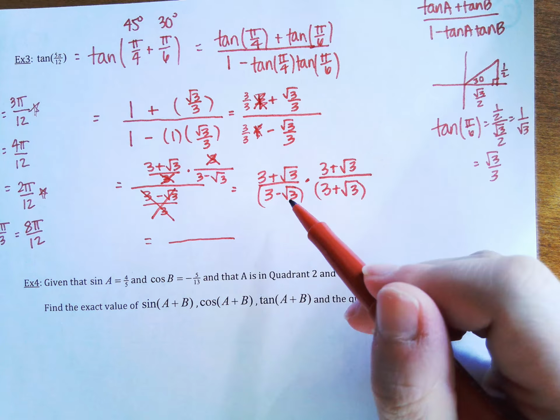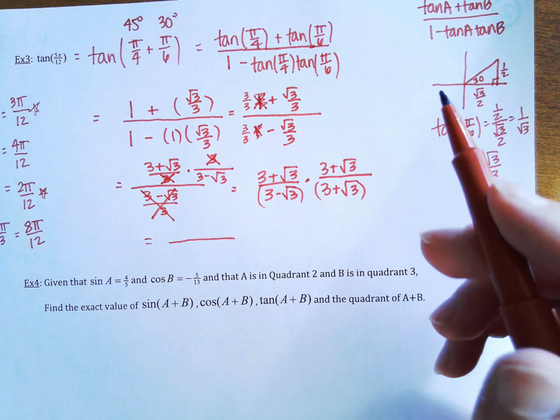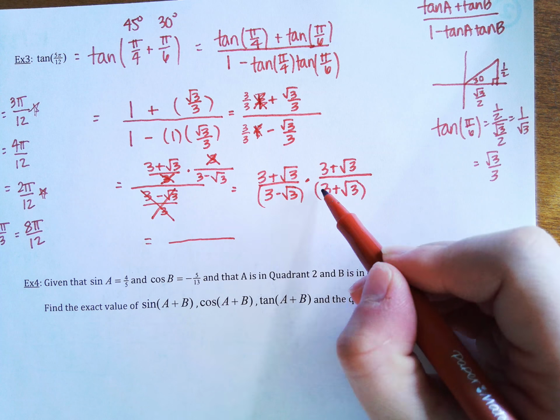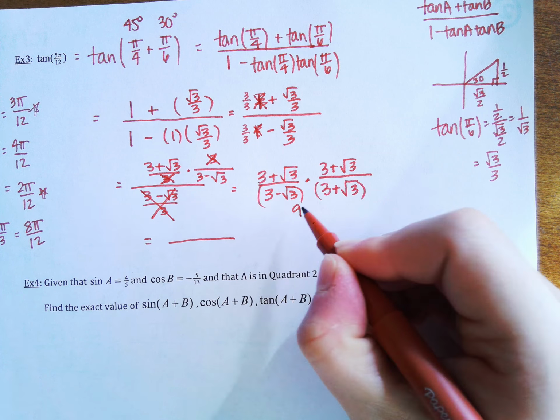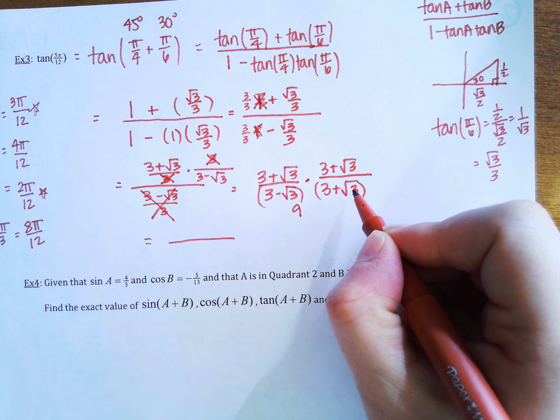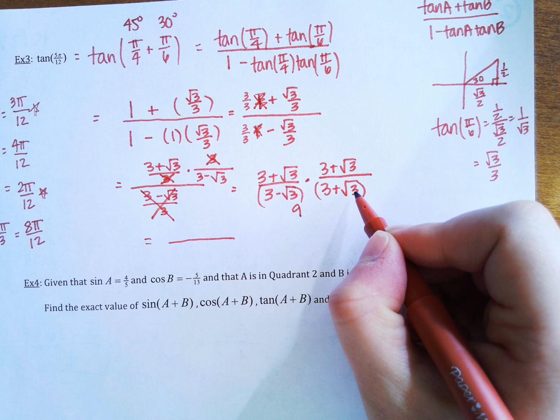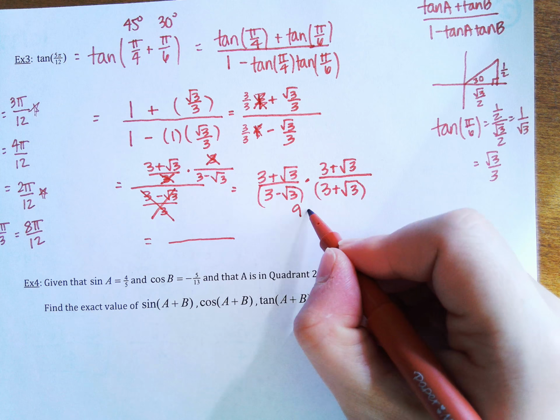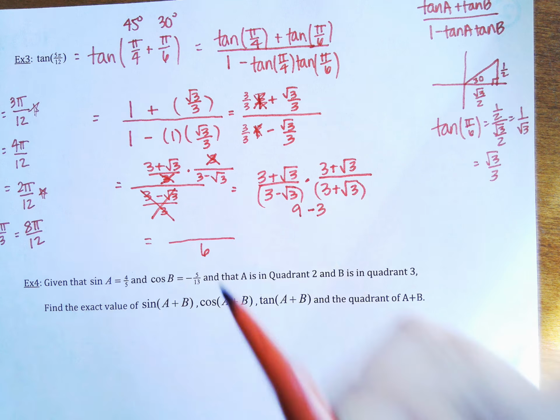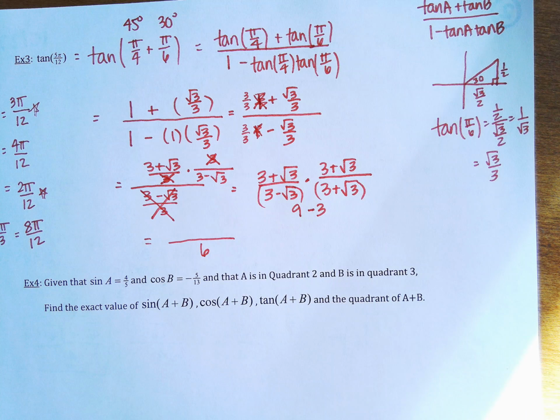Again, when we actually distribute all this out, the middle terms will cancel, so it's really just the first term. So 3 times 3 is 9, and then minus root 3 times positive root 3. The root 3's will cancel into 3, and we'll have a minus 3 then. So it should be over 6 in the denominator.